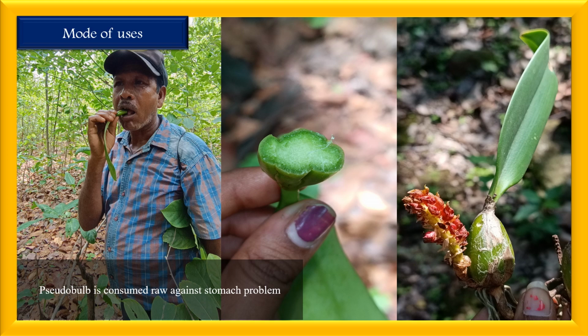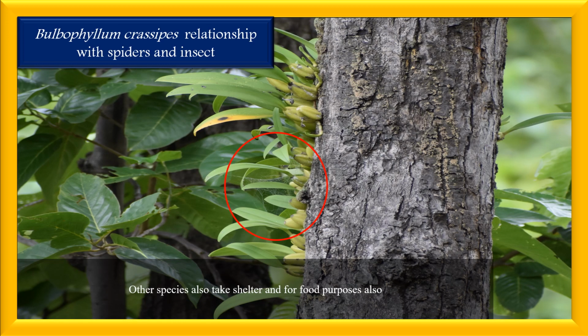For that, what do we have to do? We have to restore this species through a restoration process. Before restoration, we have to know what relationships it has with other species. We did a survey and found that Bulbophyllum crassipes has an association with spiders and insects, because we have seen many spiders take shelter and food there, and insects also.